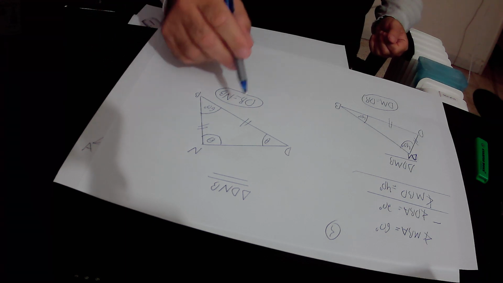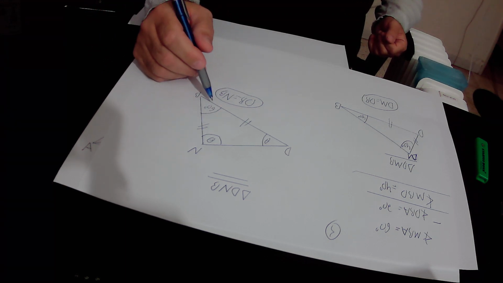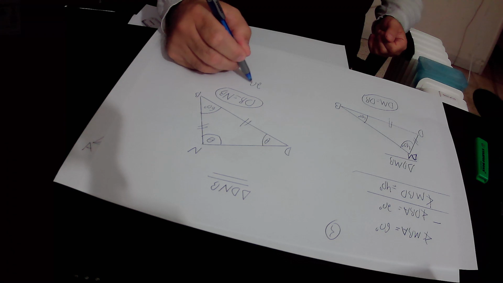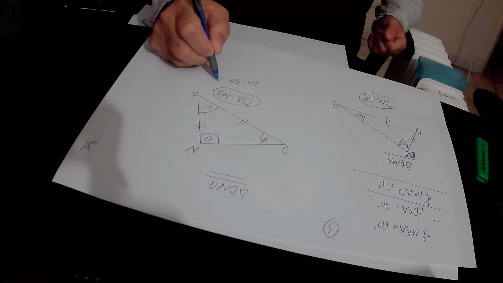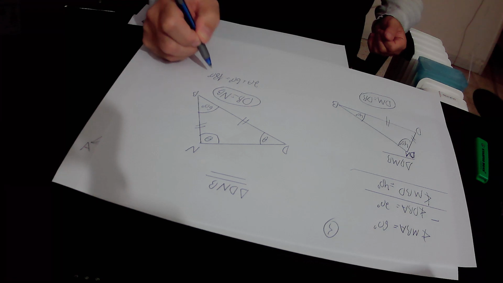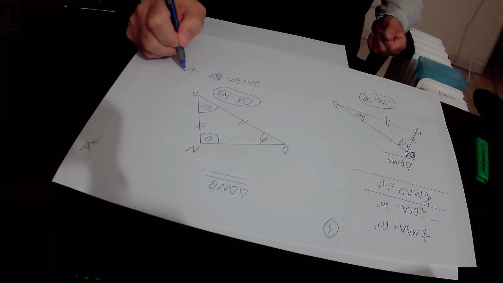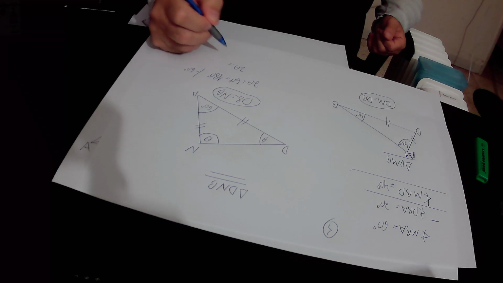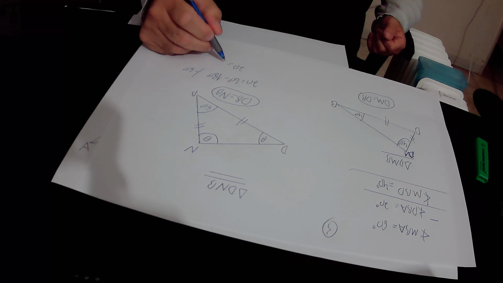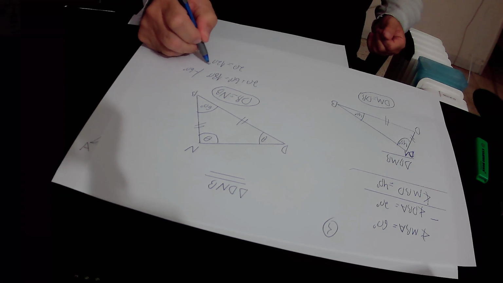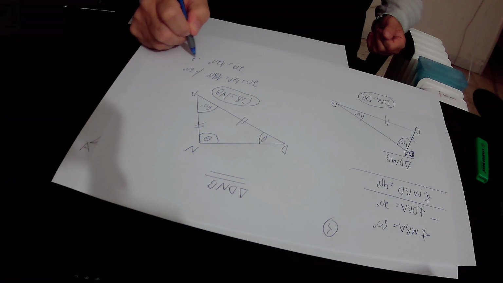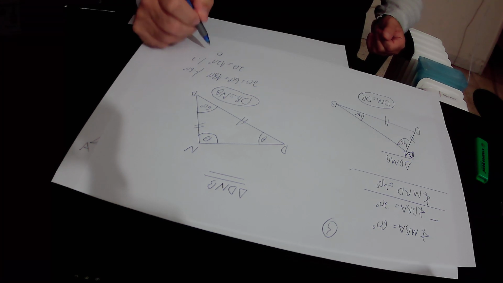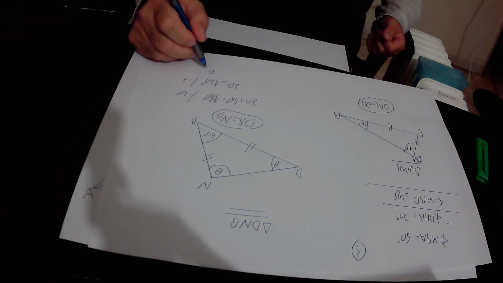That is to say, theta plus theta is 2 theta, so 2 theta plus 60 degrees must equal 180 degrees. We subtract 60 degrees, and we get that 2 theta equals 120 degrees. We divide by 2, and finally we get that theta equals 120 over 2, which is 60 degrees.